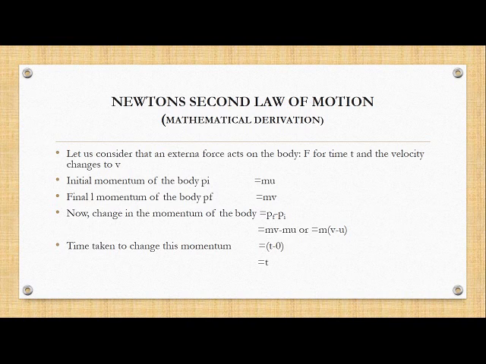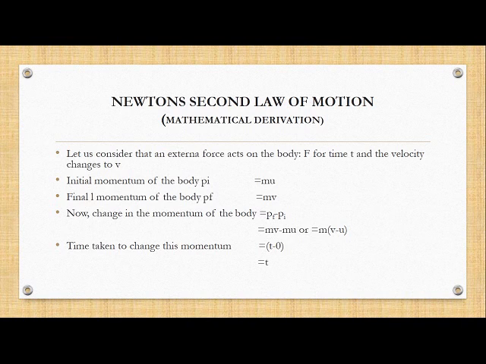The time taken to change this momentum is t. Initially no time was mentioned, so we consider it as 0, so t minus 0 gives the time taken as t.